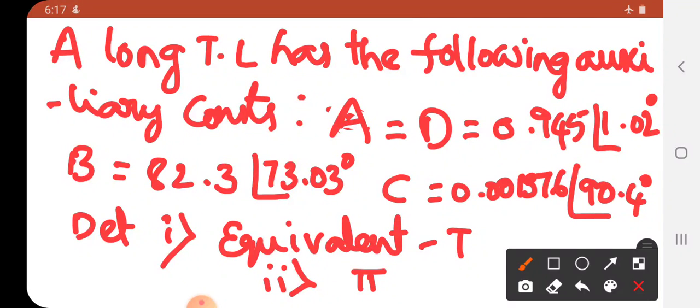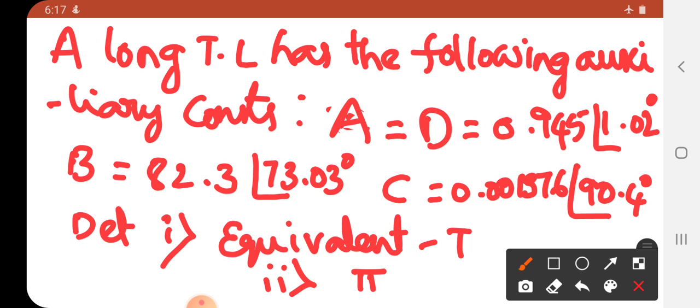As in the case of long transmission line, they used to ask equivalent T and equivalent pi instead of nominal T and nominal pi in some cases. But equivalent T in the sense it is the nominal T network only, and equivalent pi in the sense it is the nominal pi network. Don't get confused.